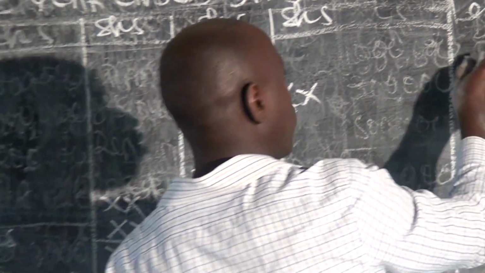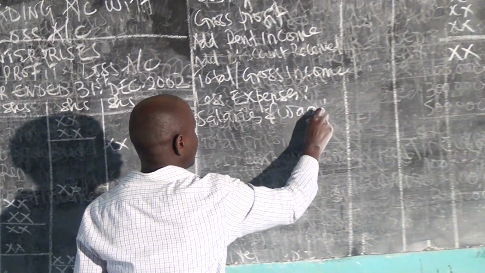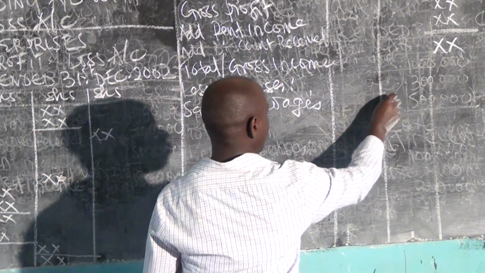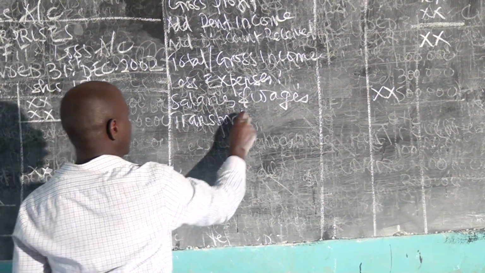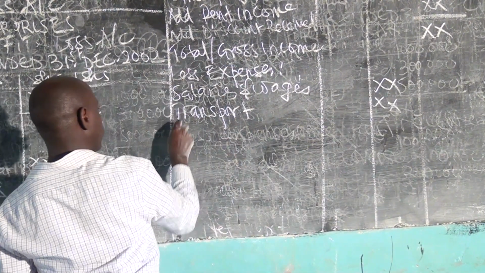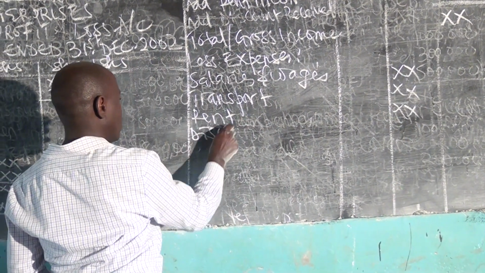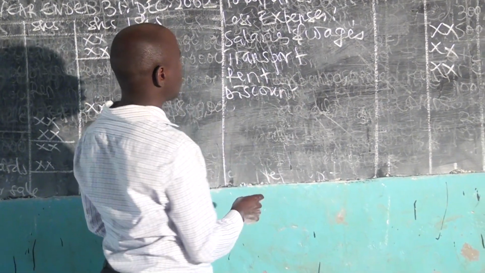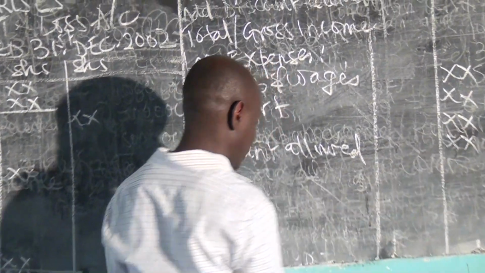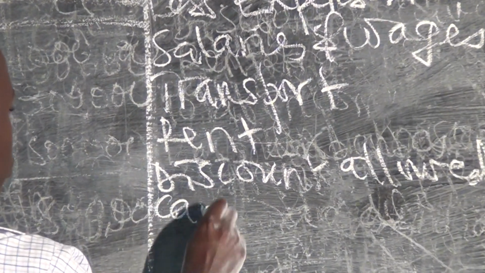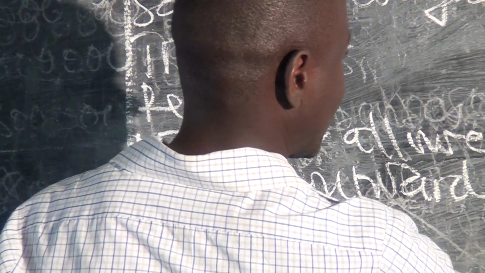Among the expenses, we may have salaries and wages, with that amount of money. We may talk about transport, rent as well, discount allowed, and carriage outwards, each with its amount of money.